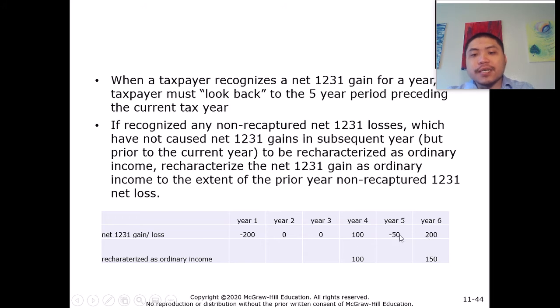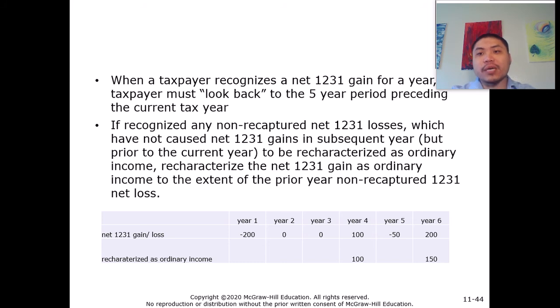And then in this year there's another additional $50 of net loss, right? So by the current year, by year 6, the extent of net loss that has occurred in the prior 5 years is going to be $150. It's supposed to be $250, but we already used $100 to recharacterize the net gain in year 4 to be ordinary income.